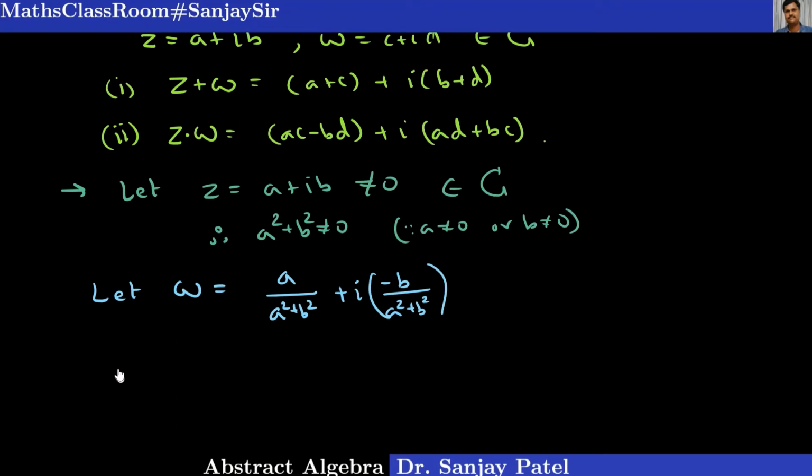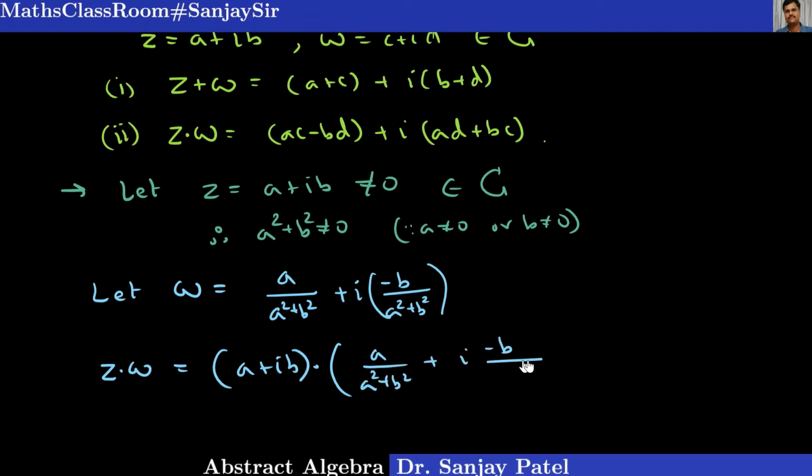Then if you find z into w, that is a plus ib dot a upon a square plus b square plus i times minus b upon a square plus b square.